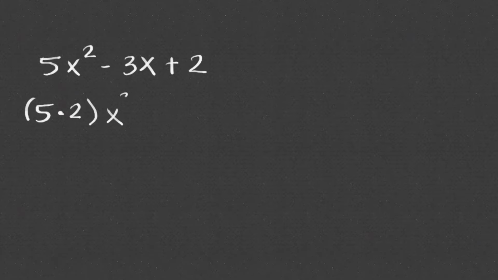5x squared minus 3x plus 2. So you can pause the video and try this one. So first thing that we're gonna do is to determine the n. So the n is 2, therefore 5 times n times x raised to n minus 1, minus 3 times n, in this case n is equal to 1, times x raised to n minus 1.